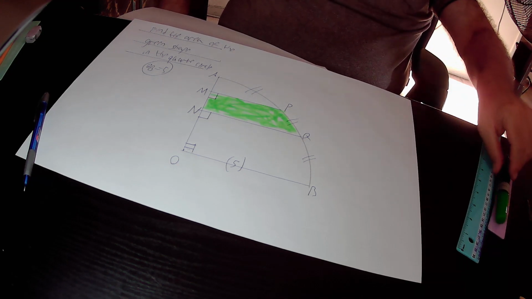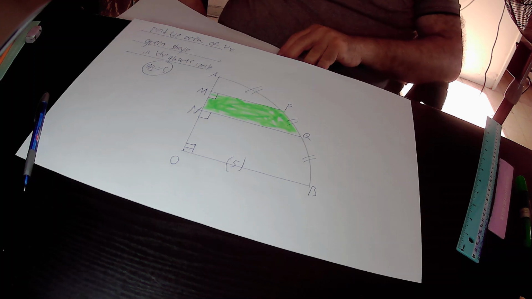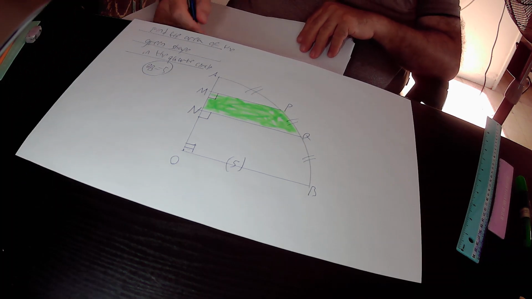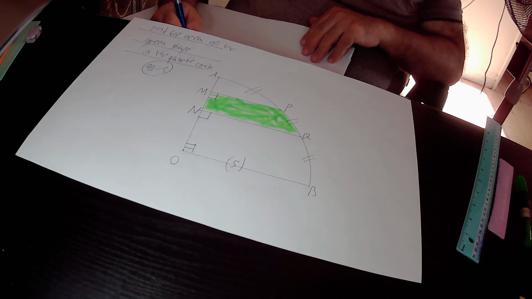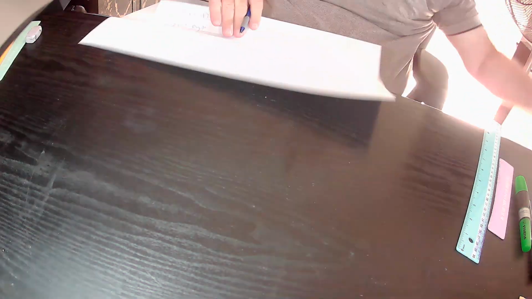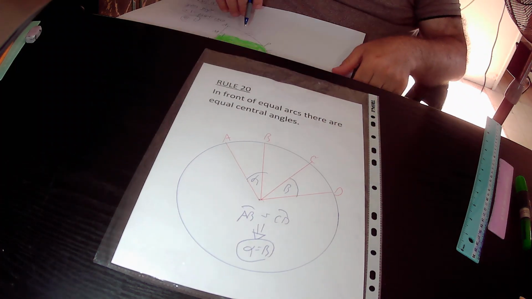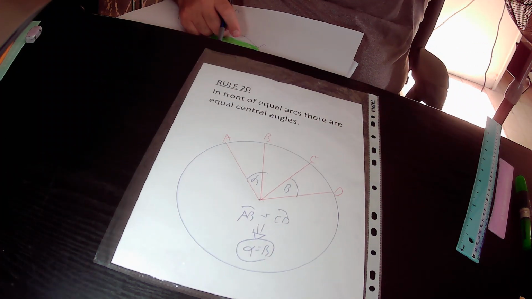Here we can implement rule 20. So I'll repeat quickly rule 20. According to rule 20, in front of equal arcs, there are equal central angles.